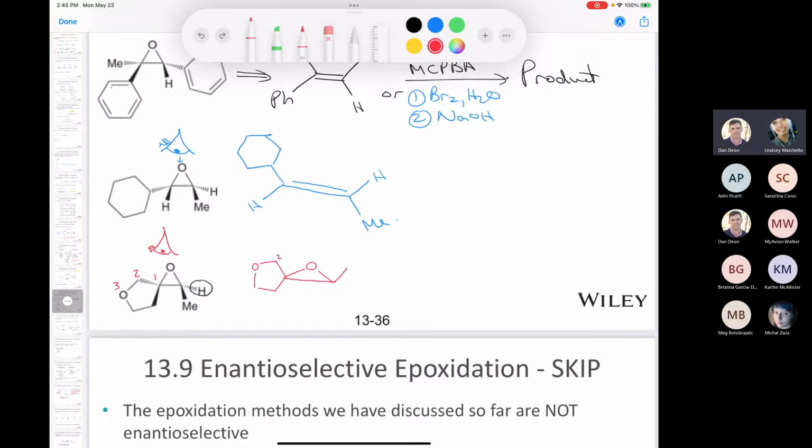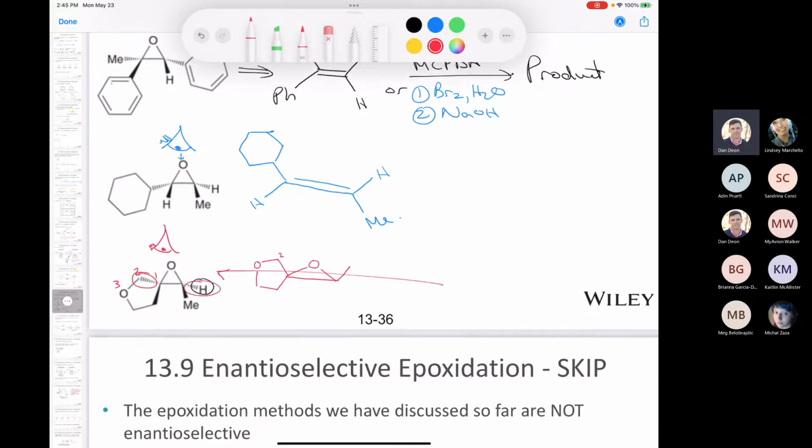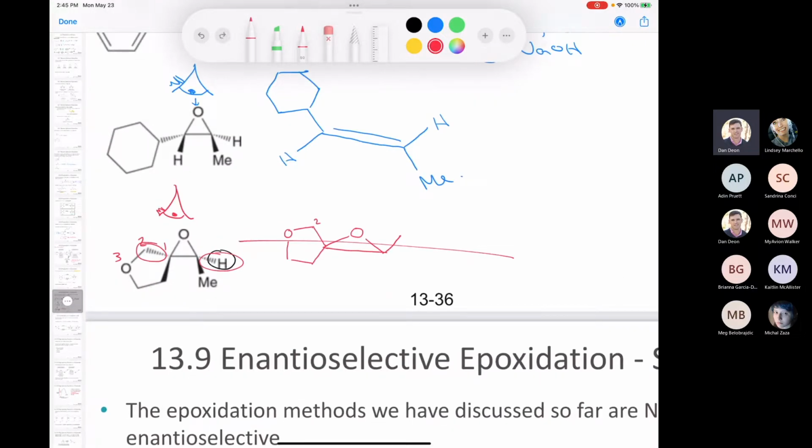Hydrogen. Exactly. Yeah, because it's going in the back, right? Everything that's going in the back, if you're looking down, is going to be on the right-hand side. So you've got the hydrogen here, and you've got the methyl group down here. So there's the epoxide looking at it from the top.